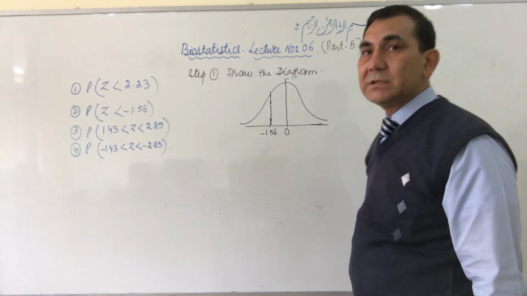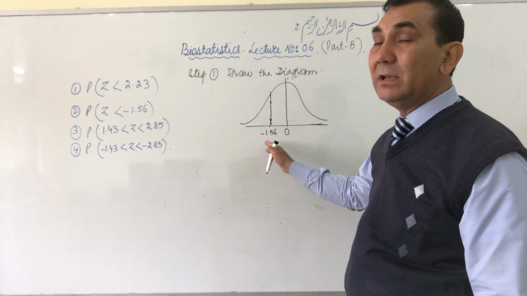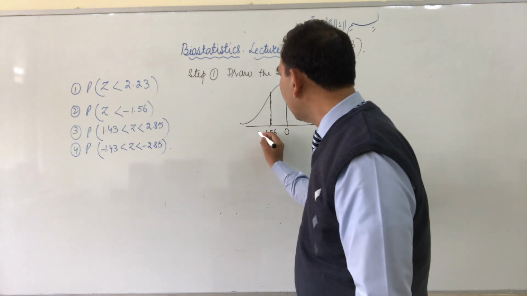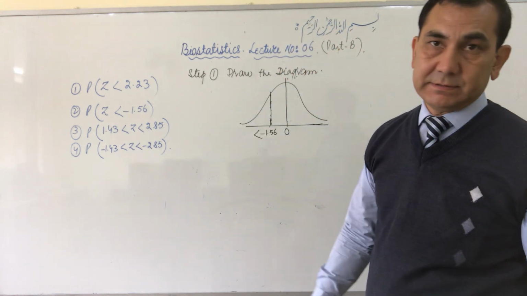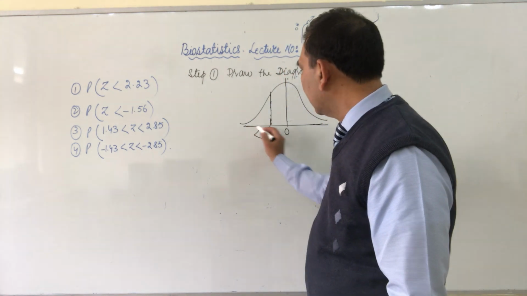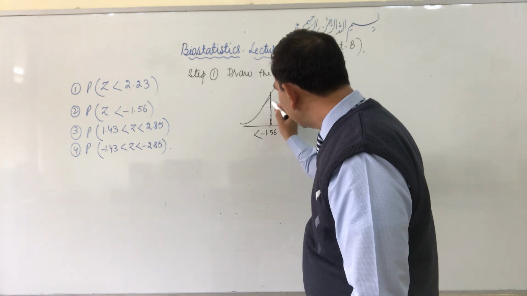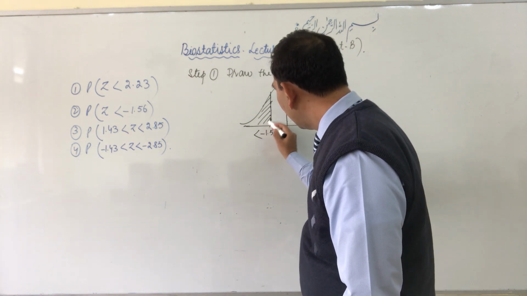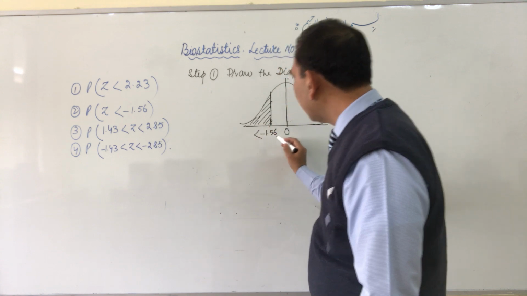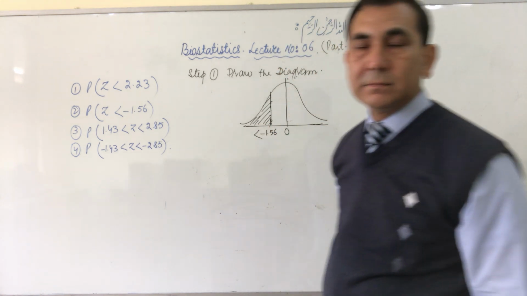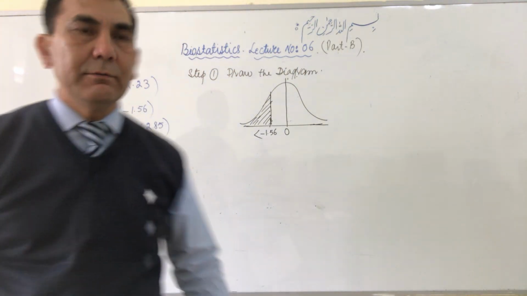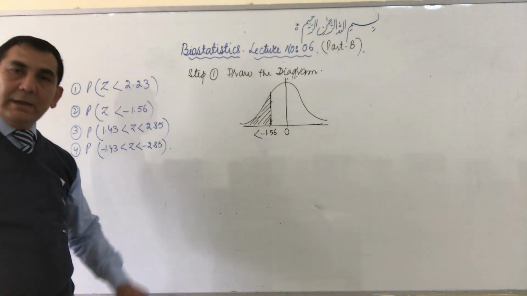The numerical is asking only for the area which is below minus 1.56, not the area toward the center.